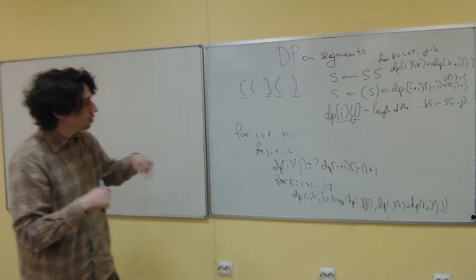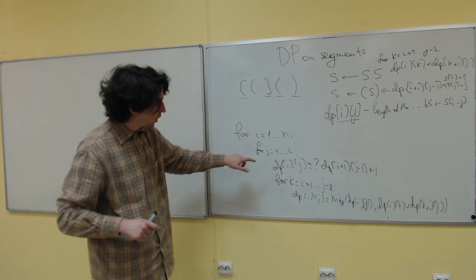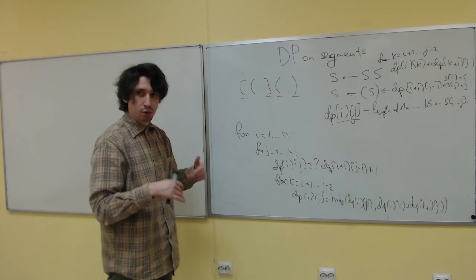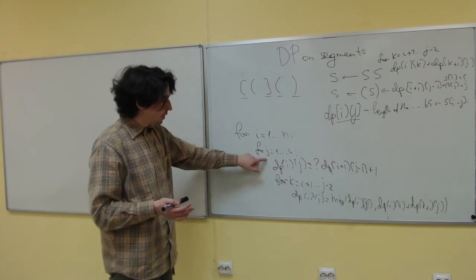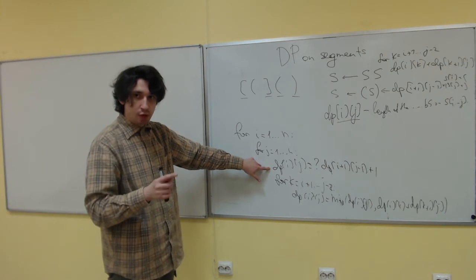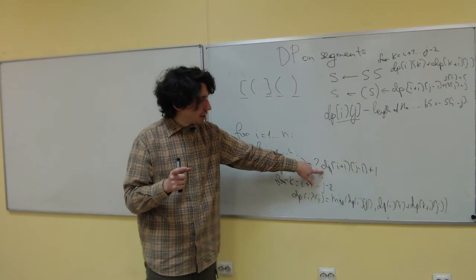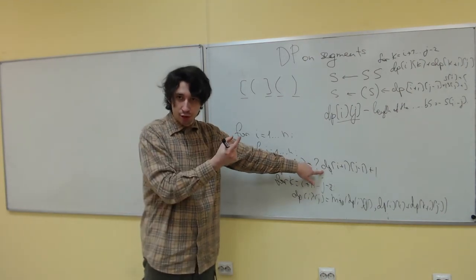But the issue, if you iterate like that: for example, we have i equal to 1. We come here and want to calculate, say, 1 to 4. You compare the symbols at 1 and 4 and want to know the answer of dp[2][3].